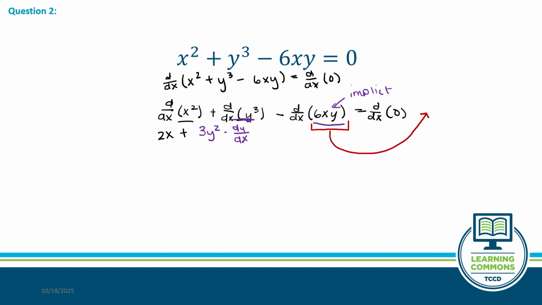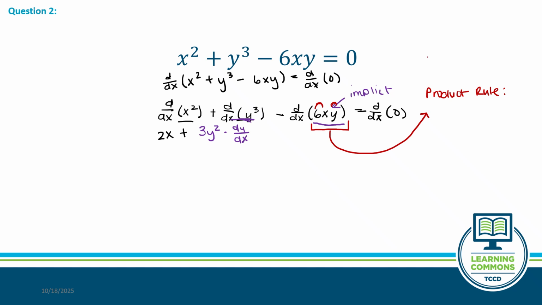I'm just going to go over here and do that really quick. Now, there's two ways you can do this. You can either do 6x as one entity and y as one entity, or you can remove the 6 from x and y and just do x and y as one entity. I'm going to show you both.